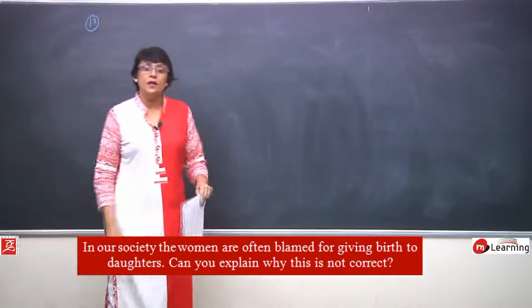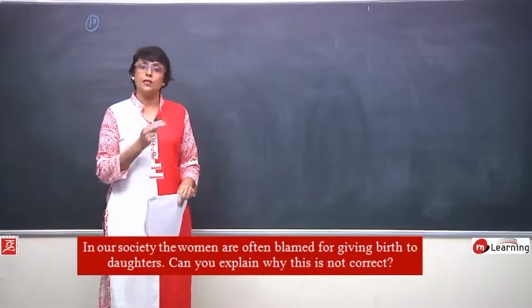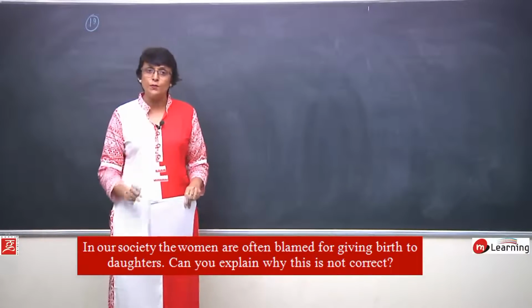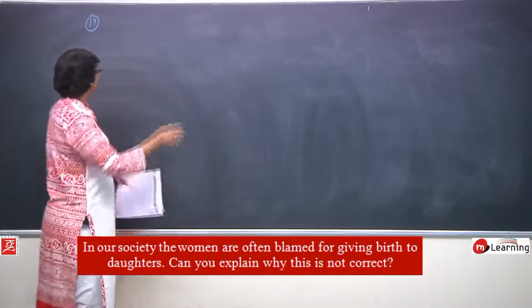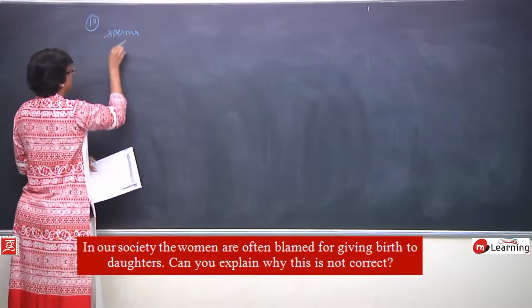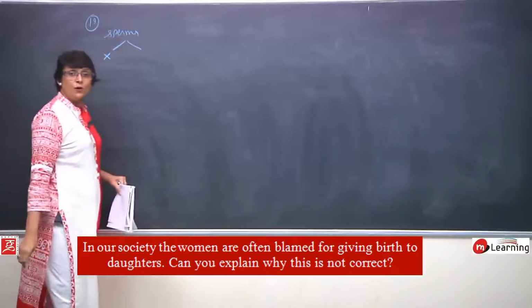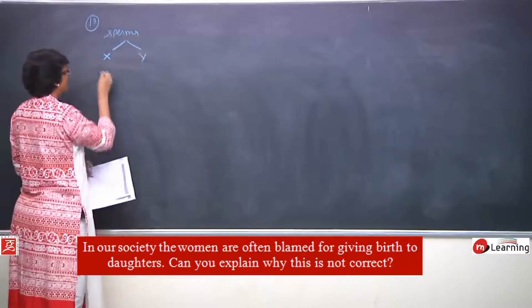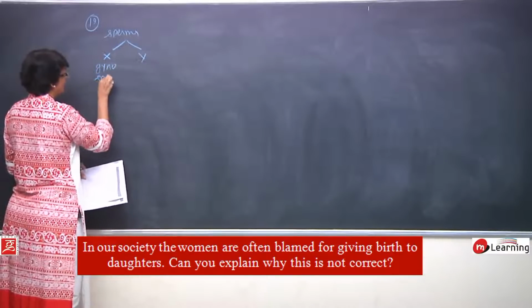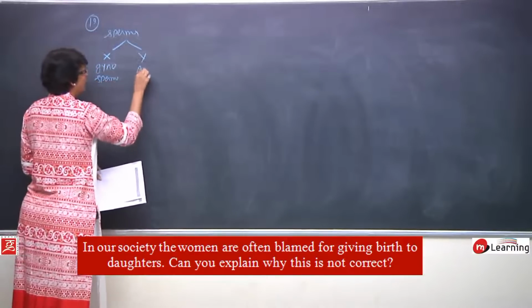If you remember in spermatogenesis, we said the sperms are produced from one sperm mother cell, 4 sperms are produced, and these sperms are of 2 types. X containing sperms and Y containing sperms. They are known as gynosperms and androsperms.